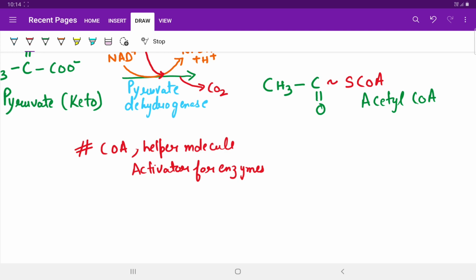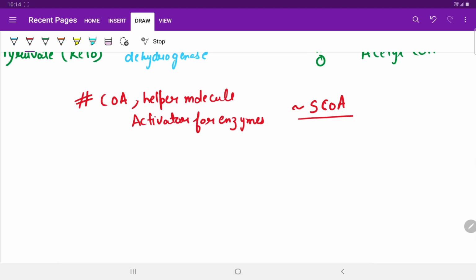So now let us see what is the structure of this coenzyme A. Usually we write the term as CoA everywhere we are using coenzyme A. But now let us first see what's the structure of this. It's having a very huge structure, so it is not possible every time to write that large structure.